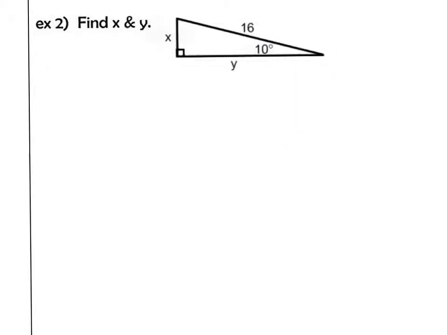Now my last question here is a problem-solving tool, and you can't really see my calculator and what I'm doing off of my screen, but I will explain it to you verbally. If I need to find x and y in this picture, and I know an angle and a side, it doesn't matter which side I know, 10 degrees and 16 degrees, I can then use trig to find x and y.